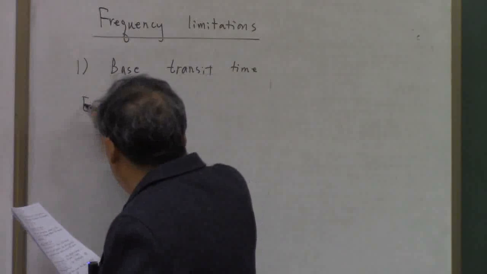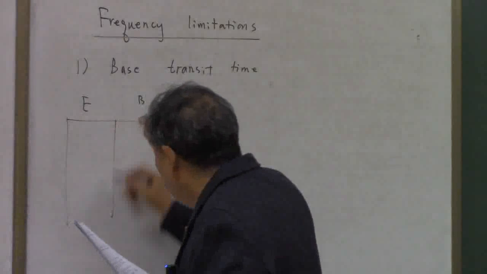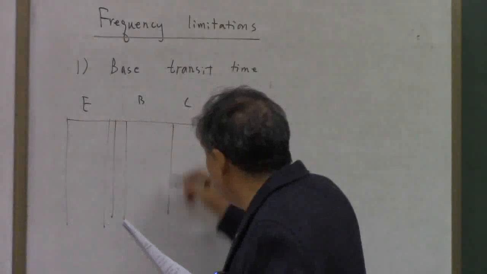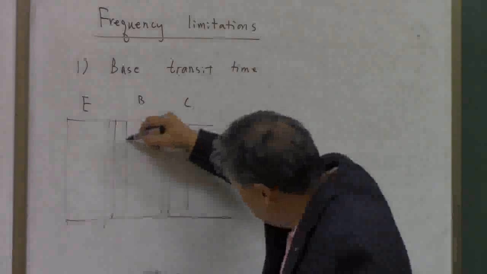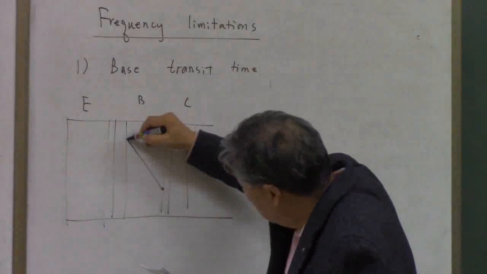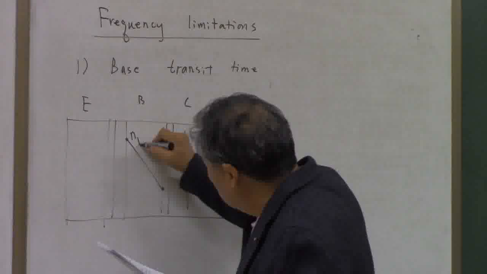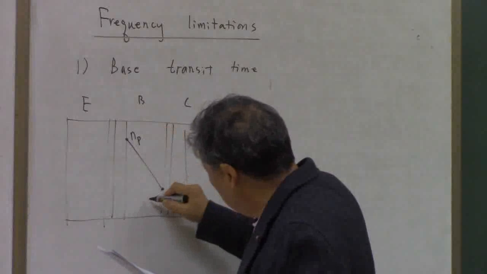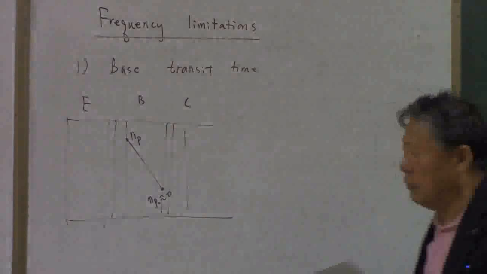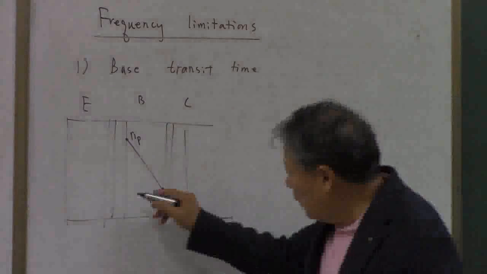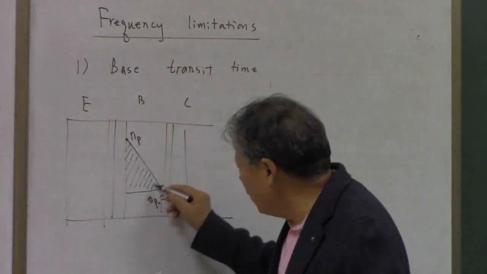We know in the emitter-base-collector, if you have space charge regions like this, then the charges in the dopant profile, that is, p_n0, is almost zero. So this is the injected charge in the base.